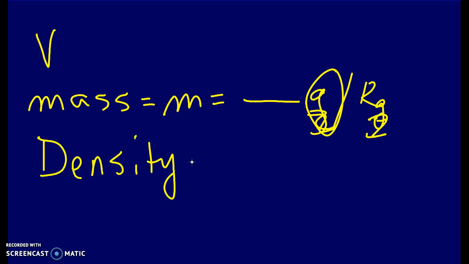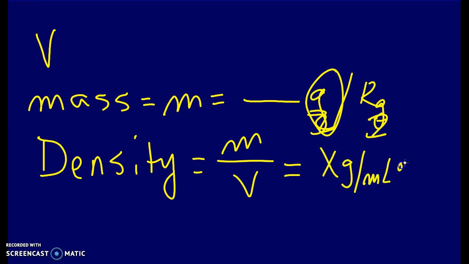Density is a ratio of the mass divided by the volume. Whatever that number is, we'll call it X. It's going to be in grams per mL or grams per cubic centimeter or some other volume measurement like liters, hectoliters, or something cubed, like meters cubed or kilometers cubed.